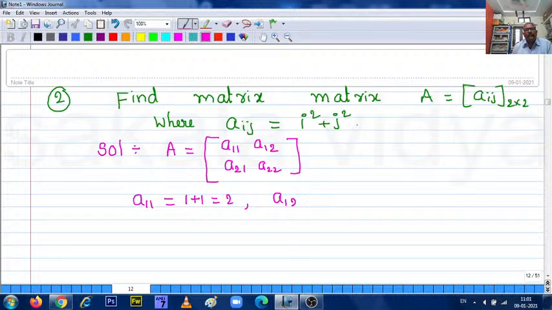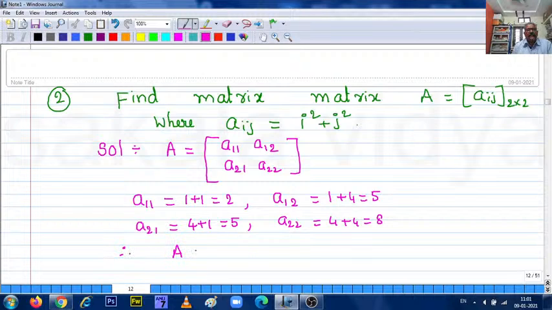Define A12. 1 square 1, 2 square 4, 5. Now A21. 2 square 4, 1 square 1, 5. A22. 2 square 4, 2 square 4, 8. So therefore the matrix A is 2, 5, 5, 8. This is 2 by 2 matrix.